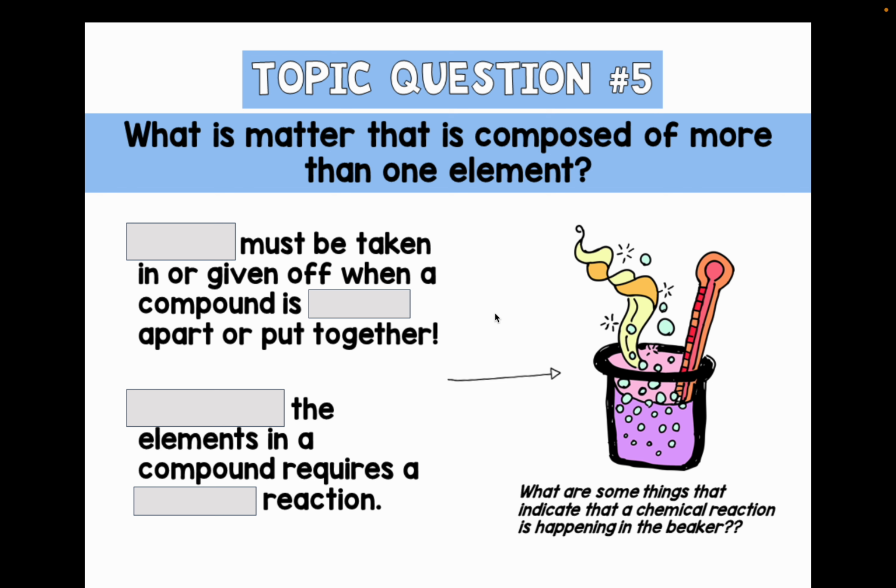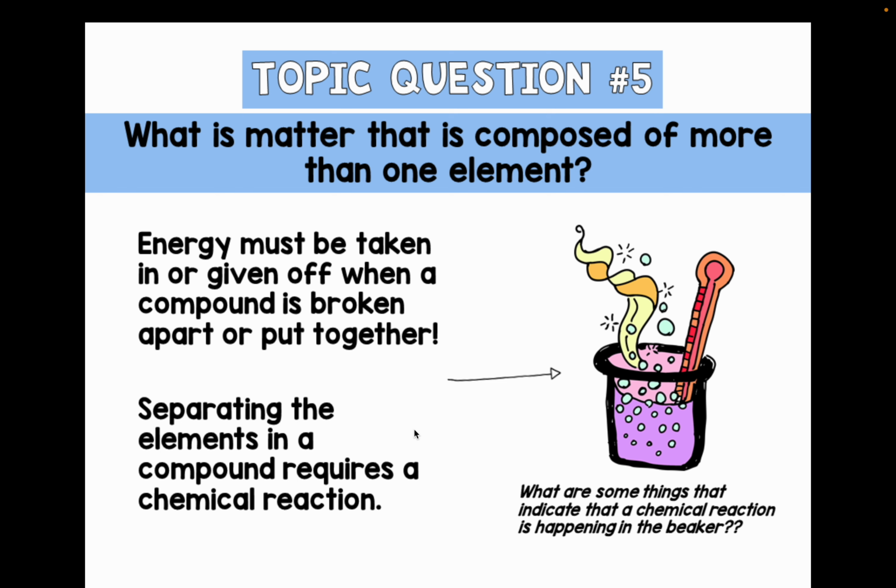Something to remember is energy must be taken in or given off when a compound is broken apart or put together. We've got different types of atoms in that compound, and in order to break those chemical bonds, energy must be taken in or given off. Separating the elements in a compound requires a chemical reaction.